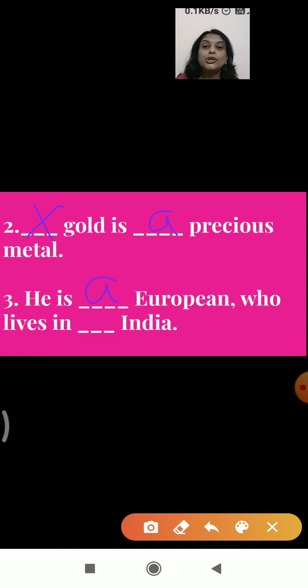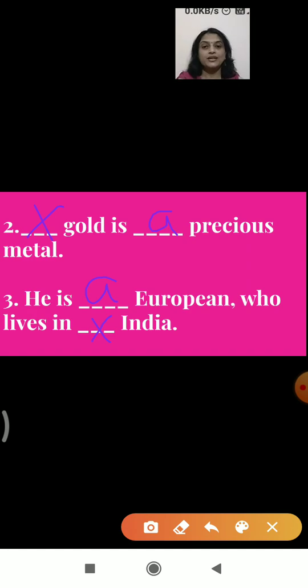Because the sound is Y-U, European. That is why you are using a here. Who lives in, again, India, before any, so what will come here? Cross. So he is a European who lives in India. Article will not come.